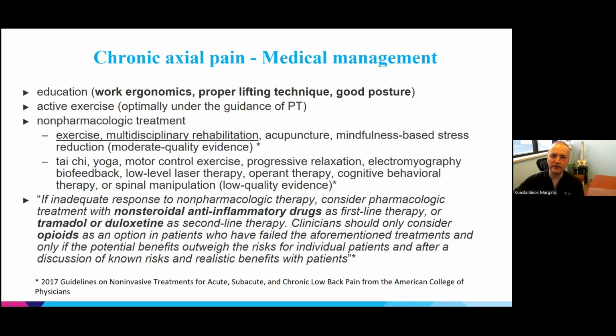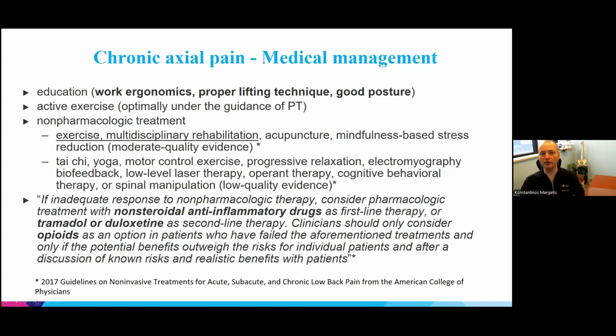So we usually refer them to physical therapists to do some sessions under supervision. And the goal will be to graduate, let's say, from physical therapy with the knowledge of what kind of exercise they need to do to keep their spine muscles strong. And that's a very good long-term measure to prevent spine degenerative changes.